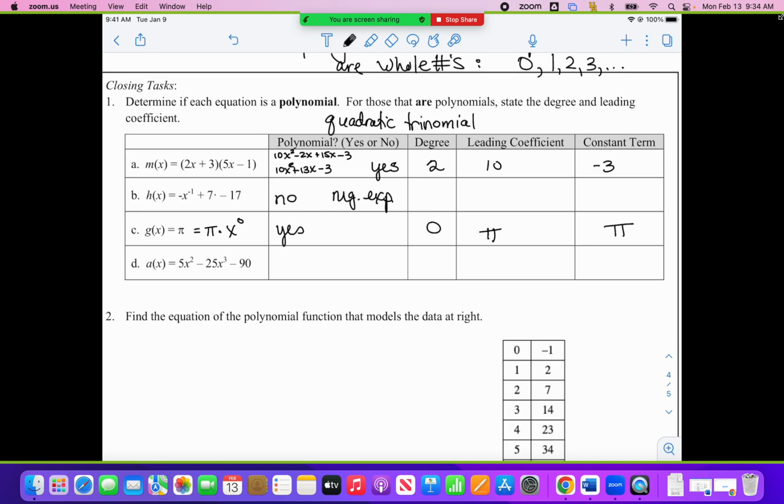All right, letter D. Is this a polynomial? Yes or no, everybody? Yes. What's the degree? 3. Now this one's not in the right form. So I personally like to pause and put it in general or standard form. It depends on your textbook whether they call it general or standard.